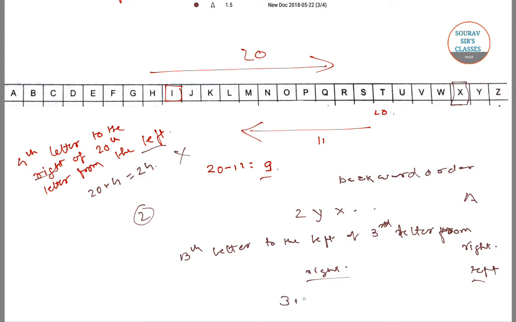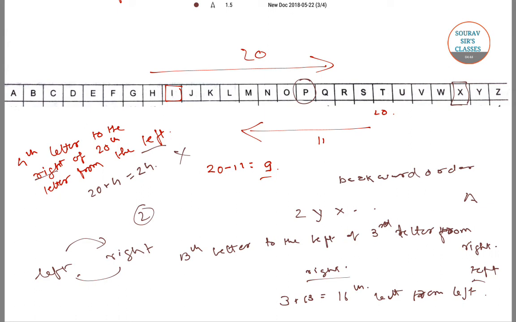It would be 3 plus 13, which equals the 16th letter from the left, which is P. So what we are doing is interchanging left and right, and then finding the answer from the forward order only.